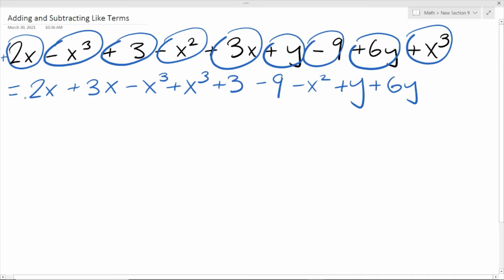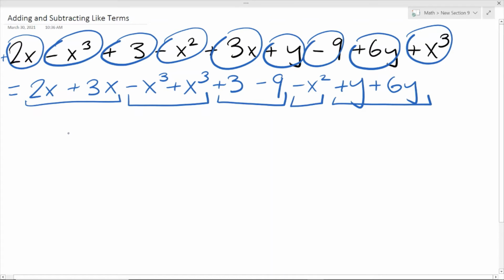So we have these as like terms, and these constants together. They don't have variables, so they're called constants. And this is by itself, it's the only x squared. And then we have these as well, the y's.